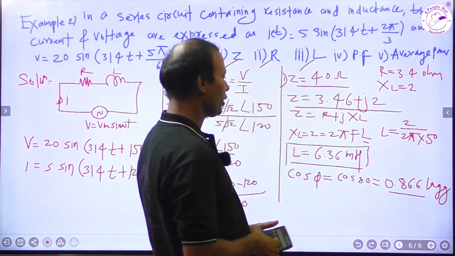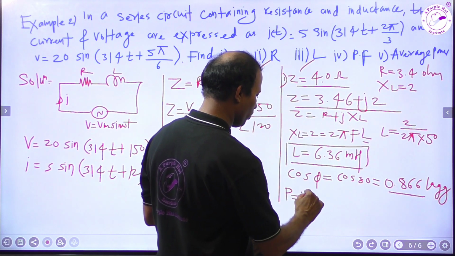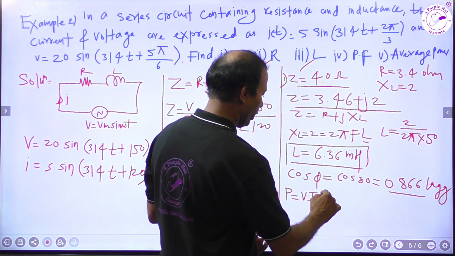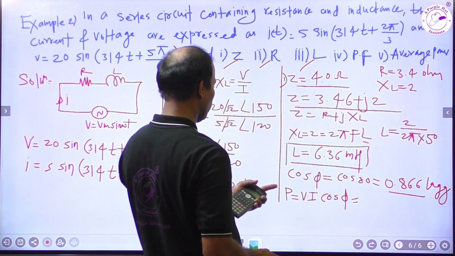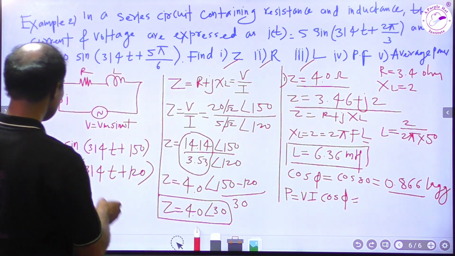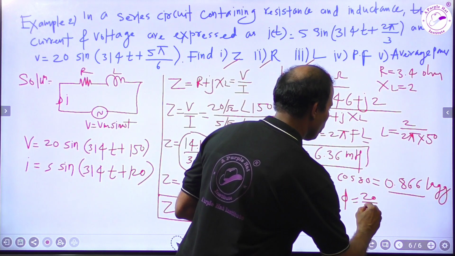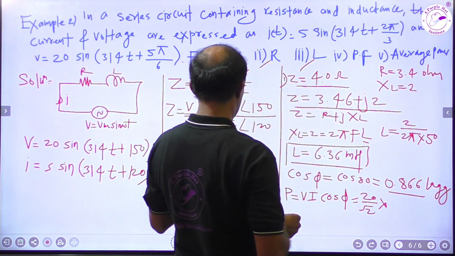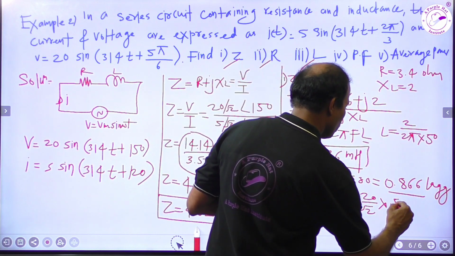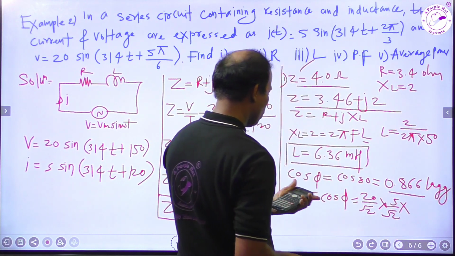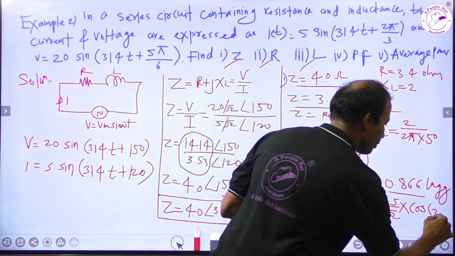And finally average power, it means active power. So simply active power P is given by product of voltage, current and cosine of angle between voltage and current. So I will put only value. Voltage is known. Voltage V equal to 20 divided by root 2 into current 5 by root 2 into cos of this angle 30.